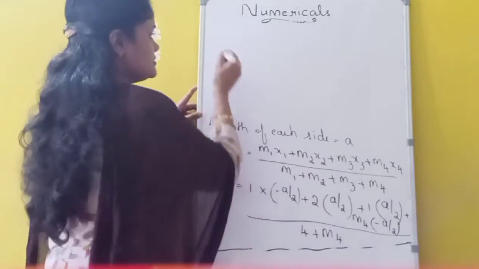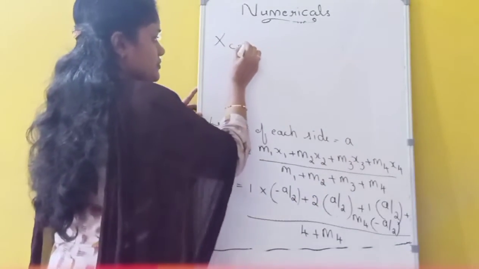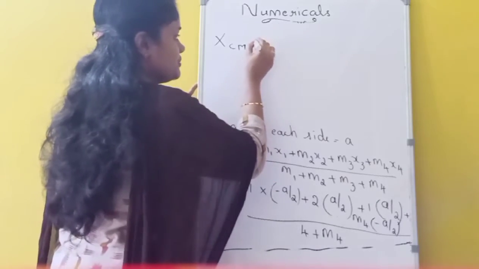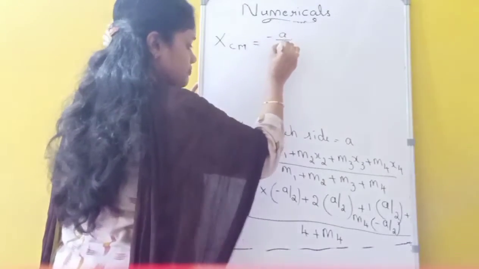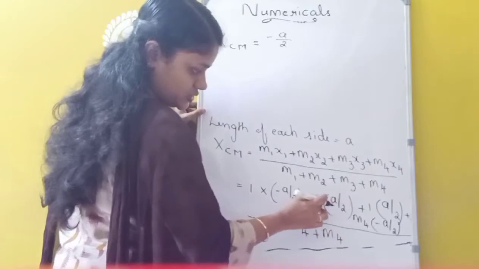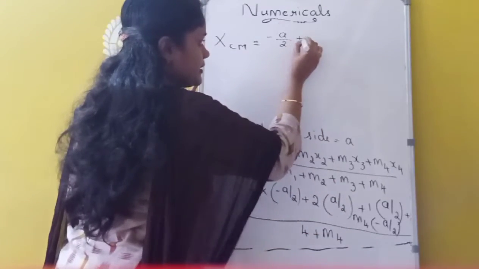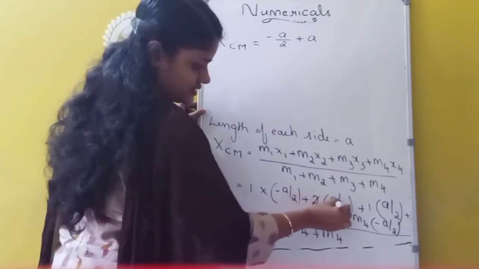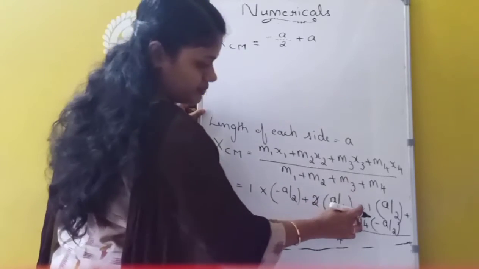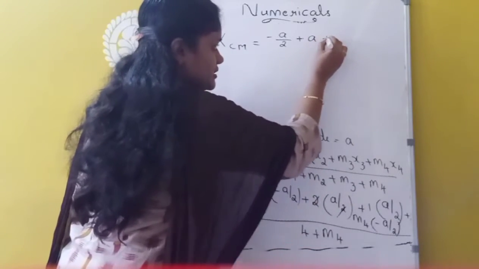So XCM equals minus 1 into minus A by 2, means minus A by 2. So here 2 into A by 2, the 2 and 2 cancel, remaining only A, plus 1 into A by 2, is simply A by 2.